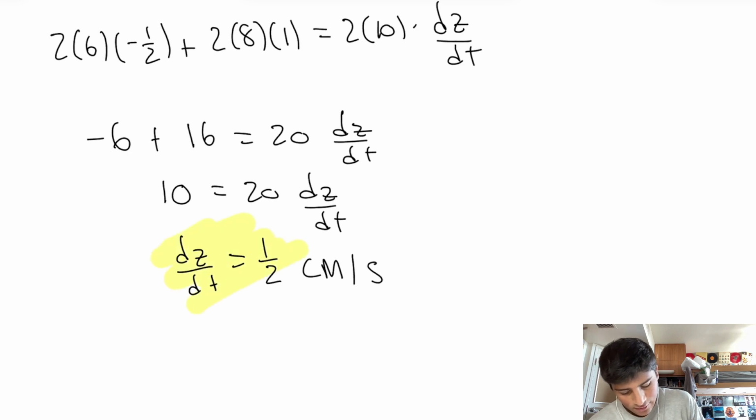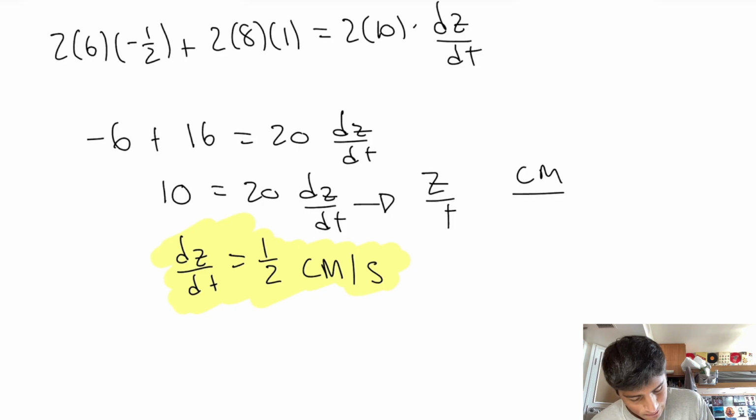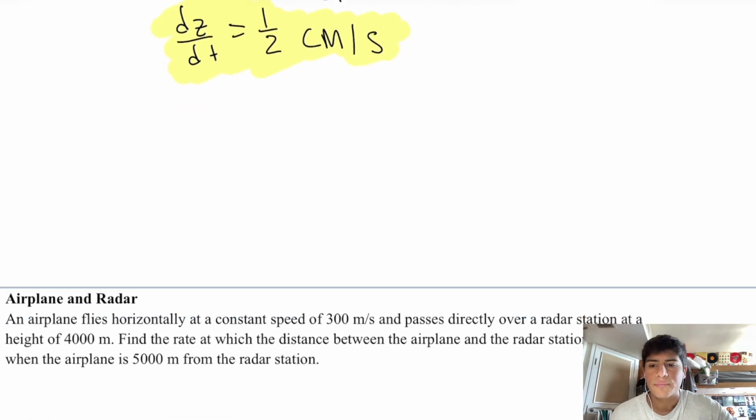And that is the final answer. Again, z is centimeters, t is seconds, so we can bring this directly in for our units. Z over t, centimeters divided by seconds, cm over s.